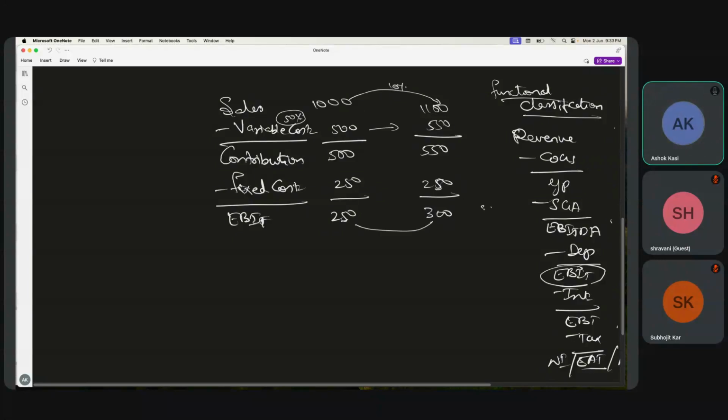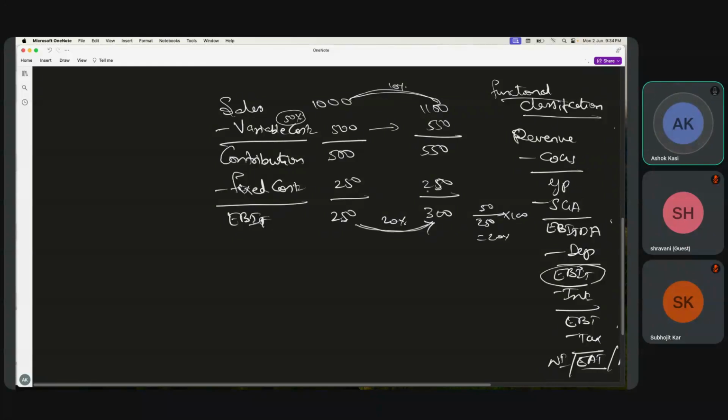So that means 50 divided by 250 into 100. Just calculate this, how much? 20 percentage. So sales went up by 10 percentage, but profit went up by 20 percentage. See the difference.